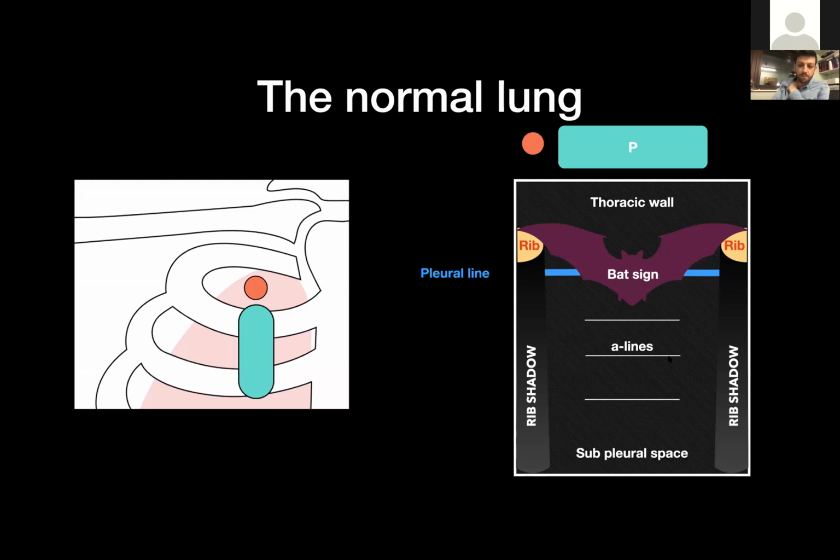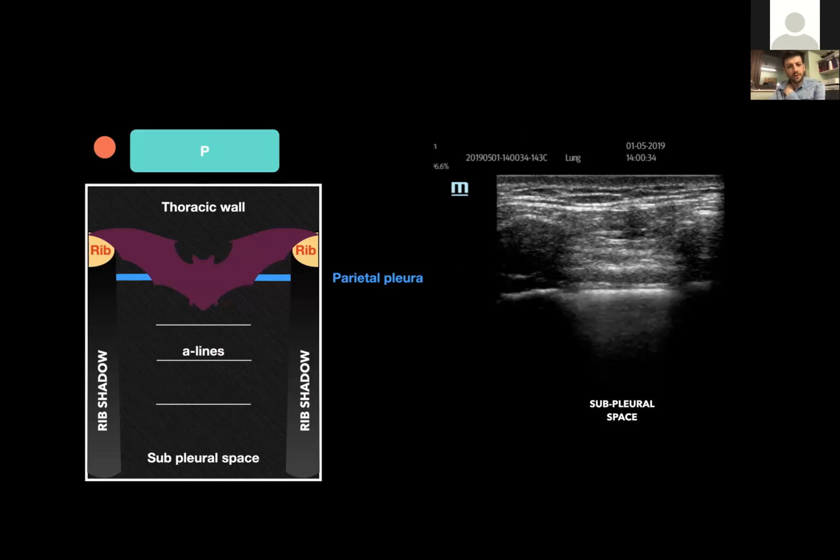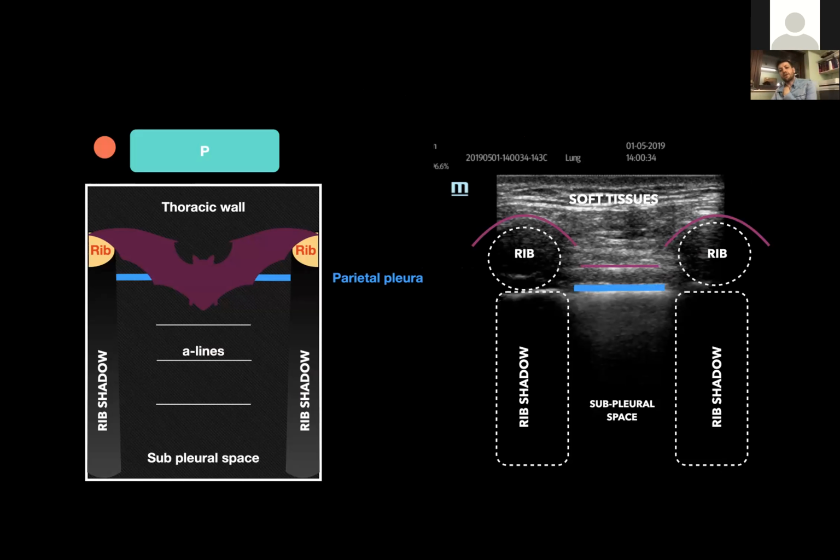Then you have these bright reverberation artifacts behind the pleural line, equally spaced, and those are the A lines. So there are your soft tissues, your ribs and your pleural line making the bat sign, and then you've got ribs and rib shadows.